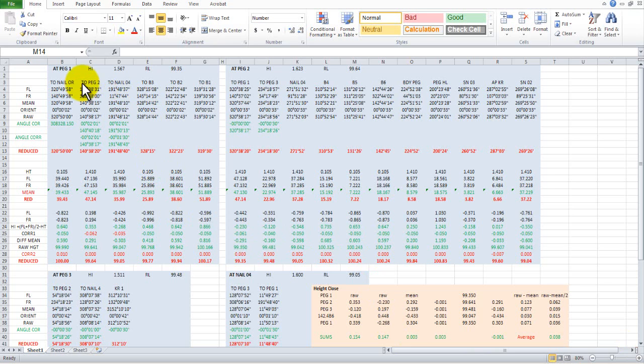Everything fixed up. So here we are at Peg 1, and I've just shown the normal sort of situation that we did here. So we started at Peg 1 and we observed nail OR, which we used as our origin.